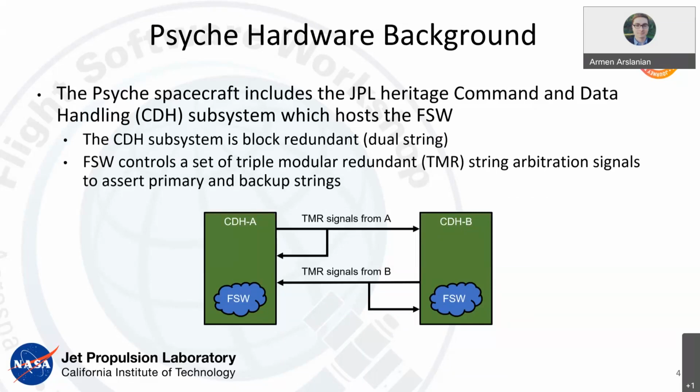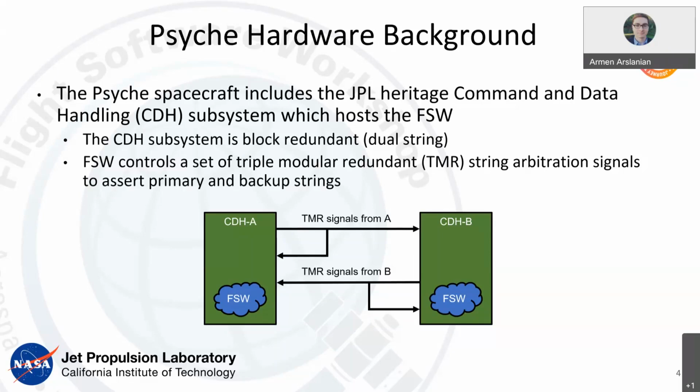And in this case, the flight software that runs on each CNDH controls a set of hardware signals that are used by our 2 modules for the dual string flight software. And these signals are triple modular redundant for added fault protection, and also for safety.